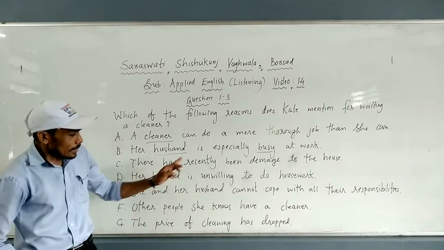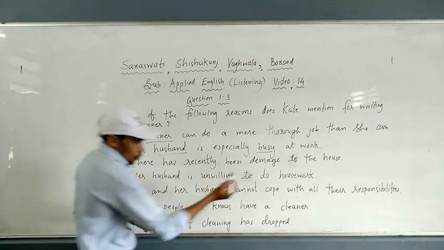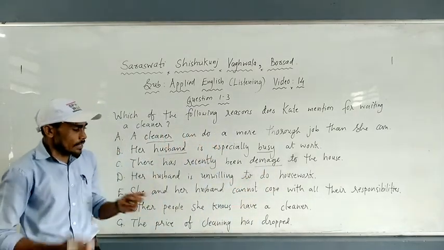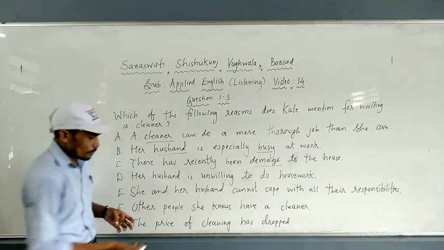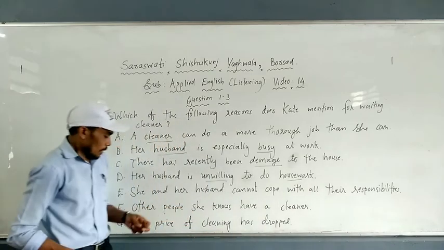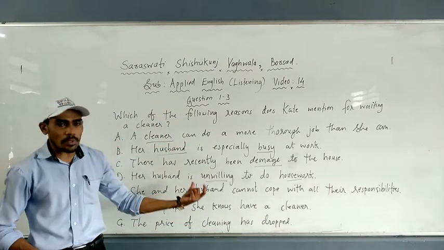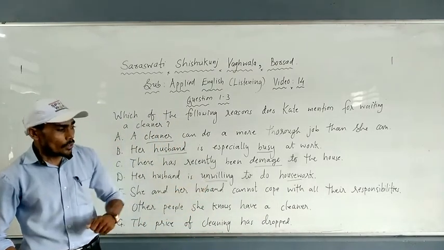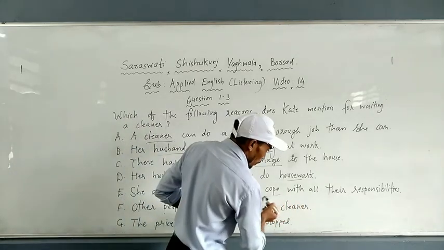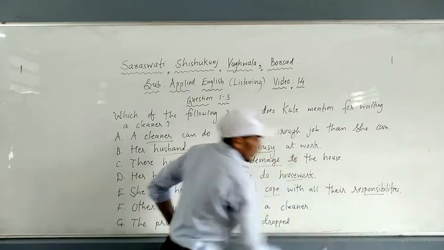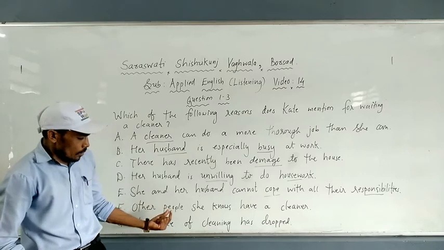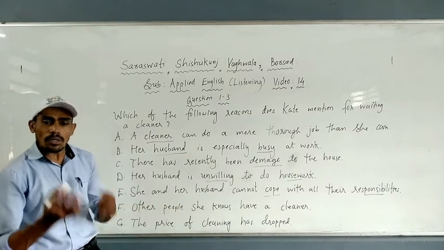There has been recently damage to the house. Now what is the keyword? Damage. Her husband is unwilling to do housework. Okay, unwilling, and housework. Then she and her husband cannot cope with all their responsibilities. So cannot cope and responsibility, these are the two keywords that we have. Other people, she knows, have a cleaner.